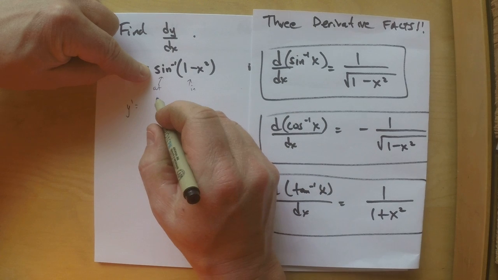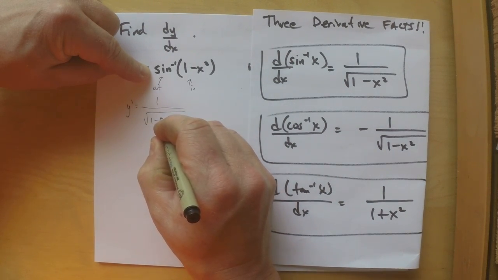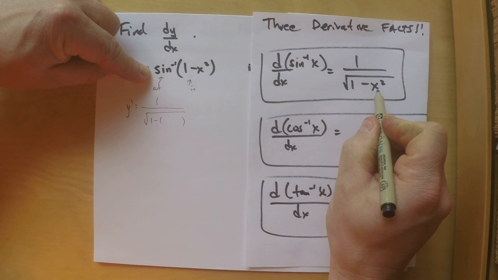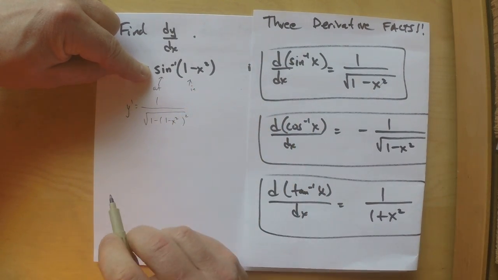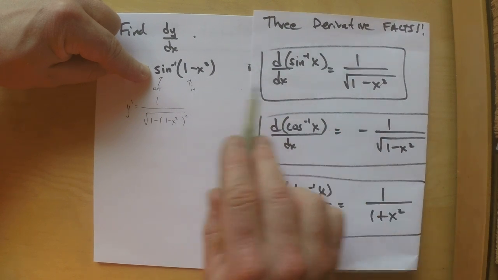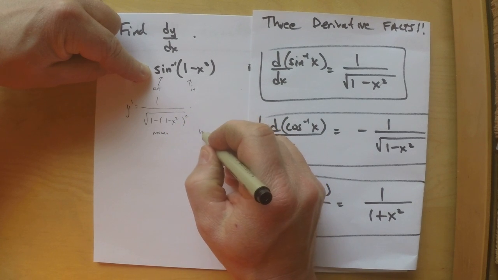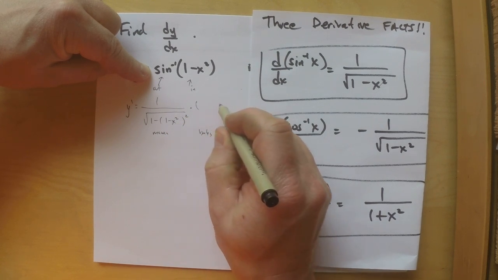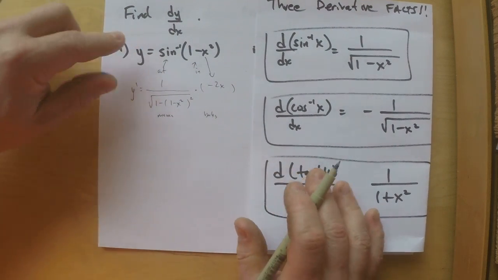So it's going to be 1 over the square root of 1 minus what goes in for the x squared, if you want, is the inside, 1 minus x squared. So there's the outer derivative evaluated at the inside, so the mama. The baby is the derivative of the inside, and the derivative of 1 minus x squared is negative 2x.